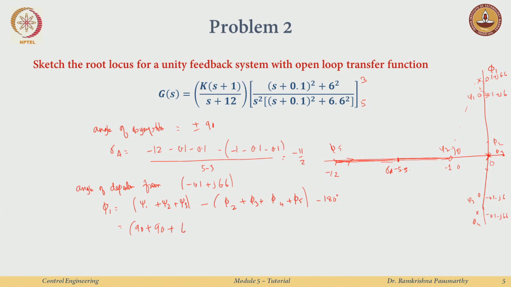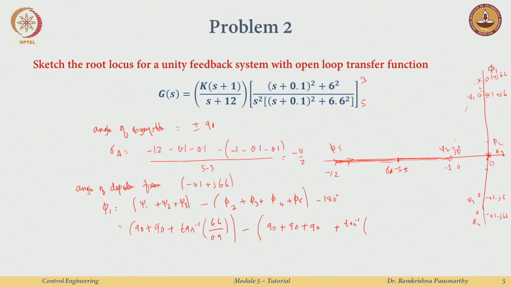So, that is the inverse tangent of this distance, that is 6.6 divided by the horizontal distance, that is 0.9, or 0.1 minus 1. So, this one, and then minus we have the angles from phi 2, which is very nearby. So, I could as well approximate this by 90 degrees. So, phi 2 would be 90, phi 3 would also be 90, phi 4 would also be 90, and then I have this guy.